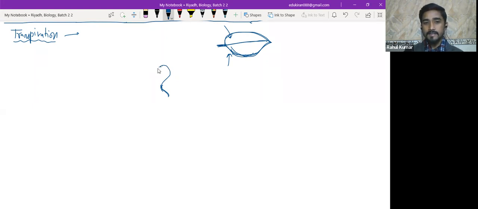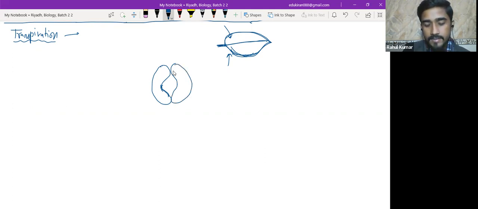So these guard cells in a normal stomata are shaped like a kidney bean or kidneys. These are called guard cells. In these guard cells, there is an array of microfibrils.